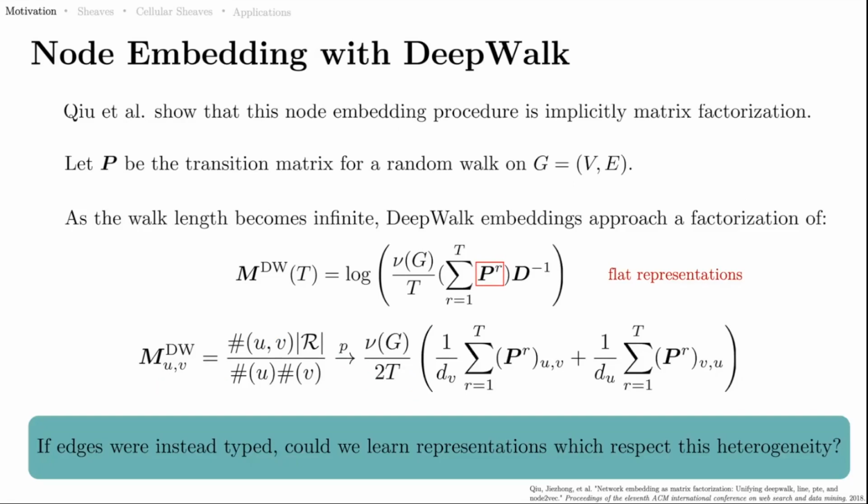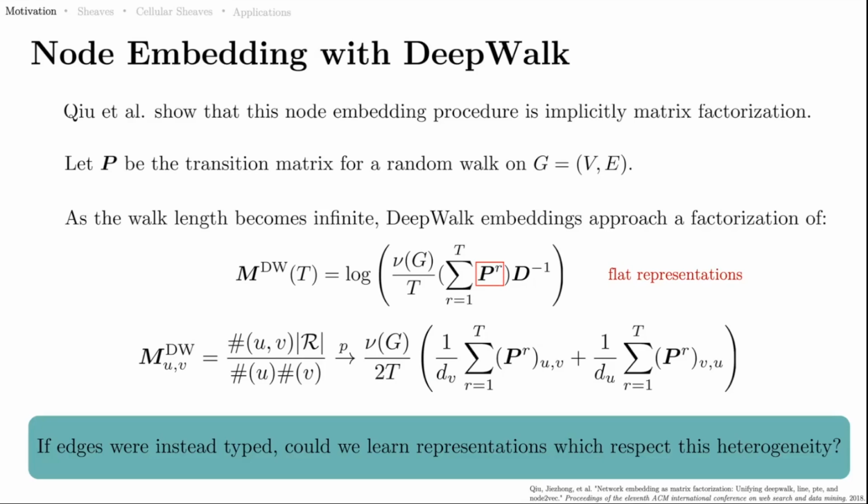It's fairly well known at this point that this skip-gram with negative sampling approach to embedding is implicitly performing matrix factorization on the pointwise mutual information of each word, or node in this case, given its context.